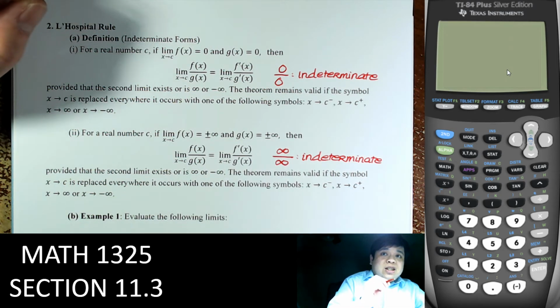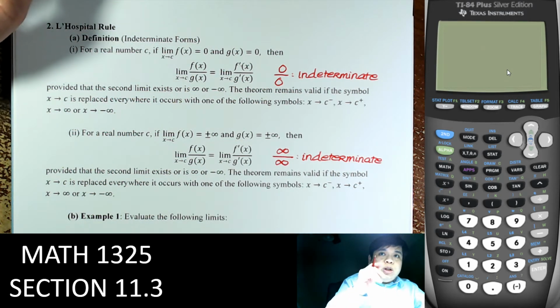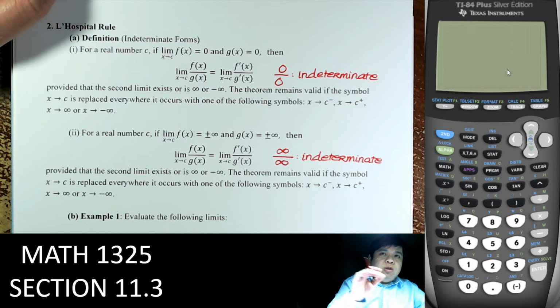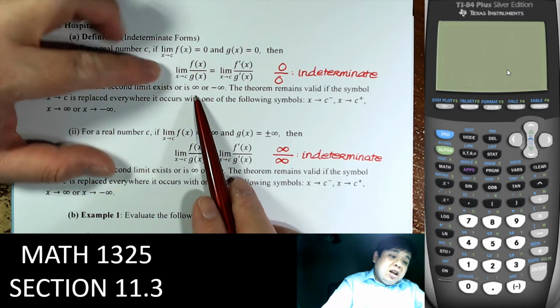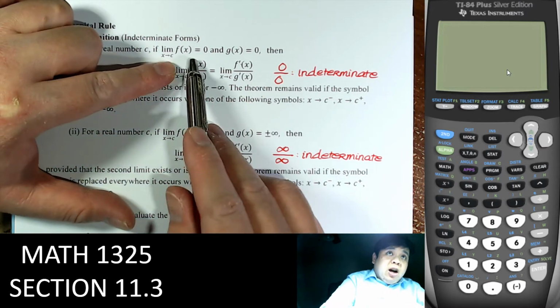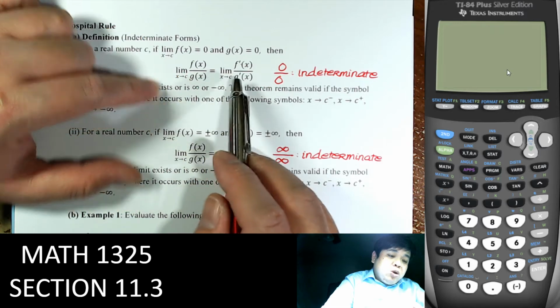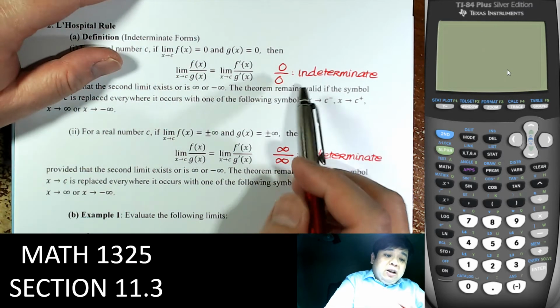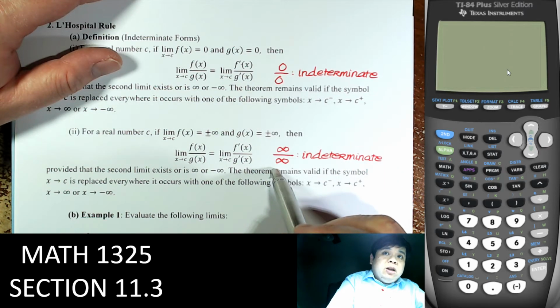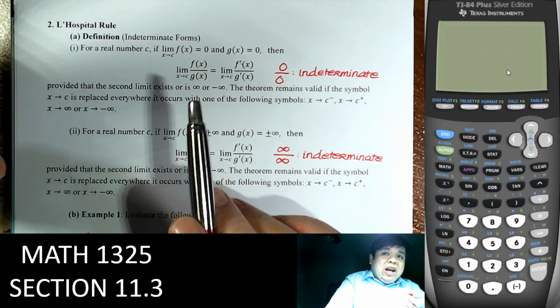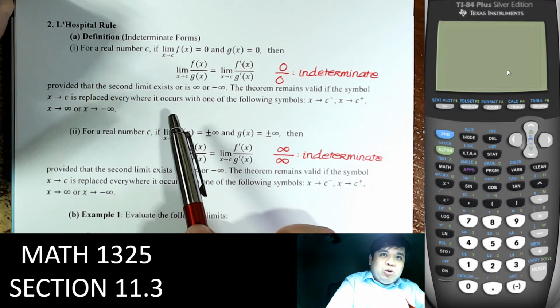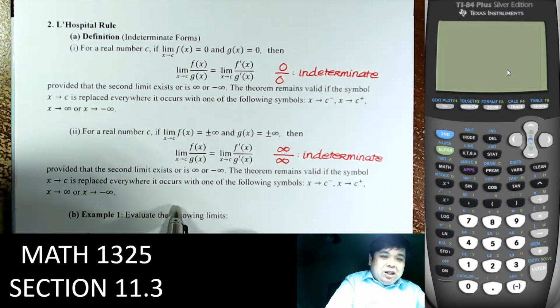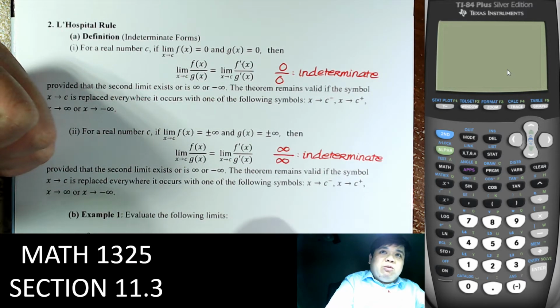Note that this is not a quotient rule. Quotient rule is u prime v minus uv prime over v squared. We don't have that. We just have derivative of the top over derivative of the bottom. It says that the limit of the ratio of the function is equal to the limit of the ratio of the derivative, only if they are in indeterminate form. If they are not in indeterminate form, we cannot use the L'Hopital rule. So that's rule number 1, only for indeterminate forms.